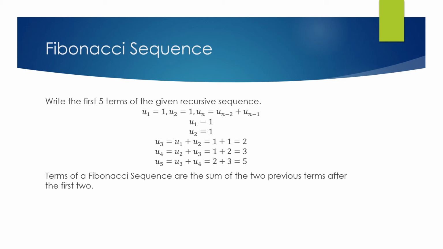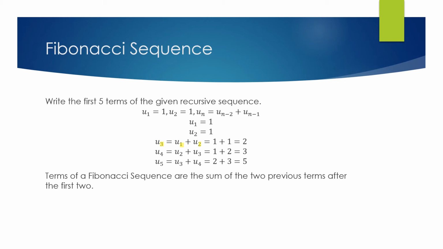All right, so I know u sub 1 equals 1, u sub 2 equals 1, it's given. u sub 3 is going to equal u sub 1 plus u sub 2. Okay, 3 minus 2 is 1, and 3 minus 1 is 2.